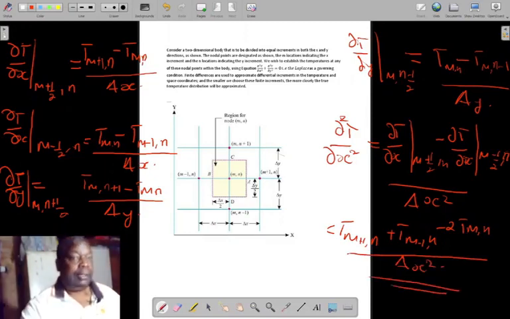If you refer to the equation that we got for d2T/dx squared.